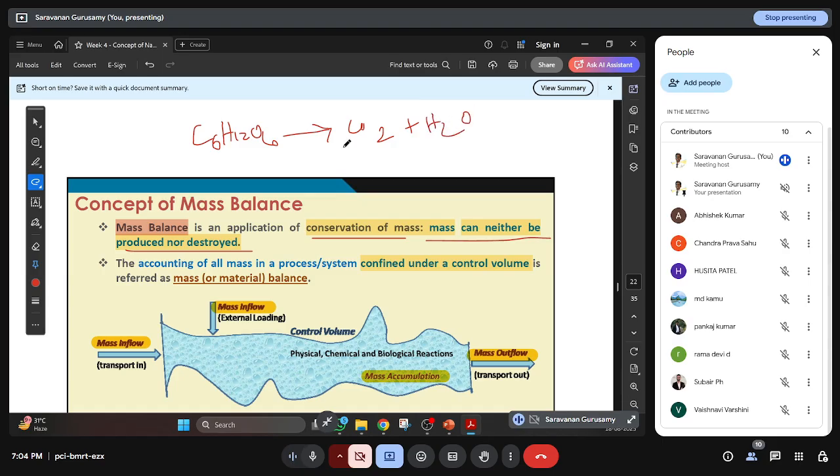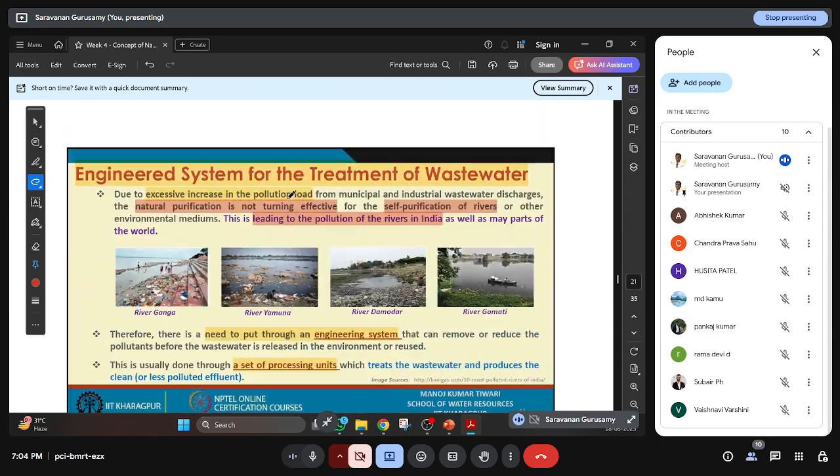That's why we use equivalent weight or molecular weight. Whatever the carbon's weight, that is converted to the carbon dioxide's carbon weight. The oxygen weight is converted here, and the hydrogen weight is converted here. So mass is neither created nor destroyed. It can change from one matter to another matter, or it will disperse in its area. You got it? That's the mass balance concept. That's what we are going to see in this lecture.